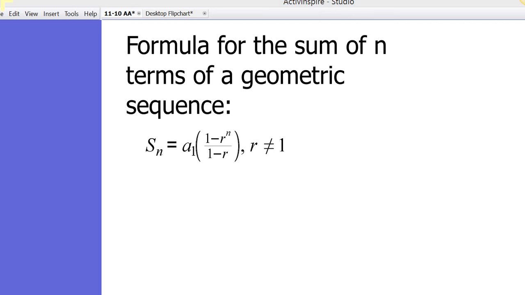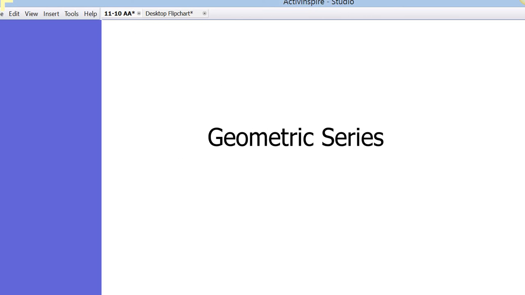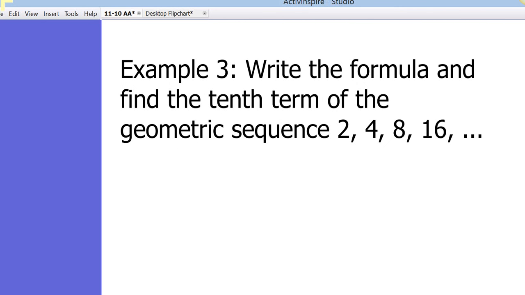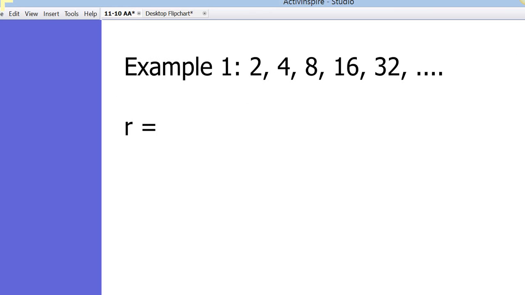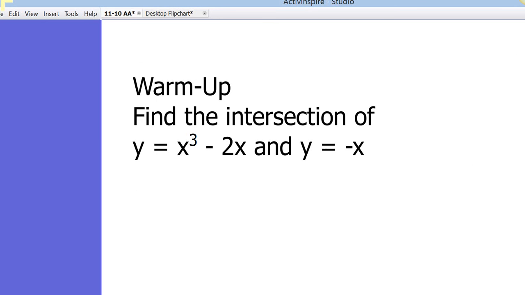Okay, guys, you should be finding the intersections of those two functions. It's different than what we did on your homework, okay? Set them equal to each other. Add the x over. Oh, and you got a GCF.